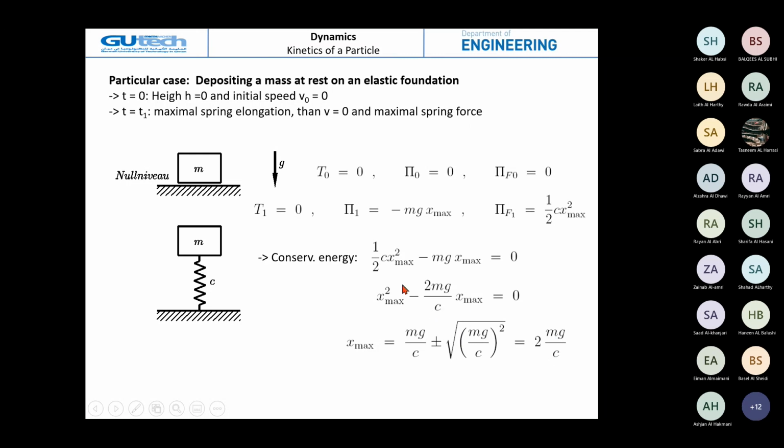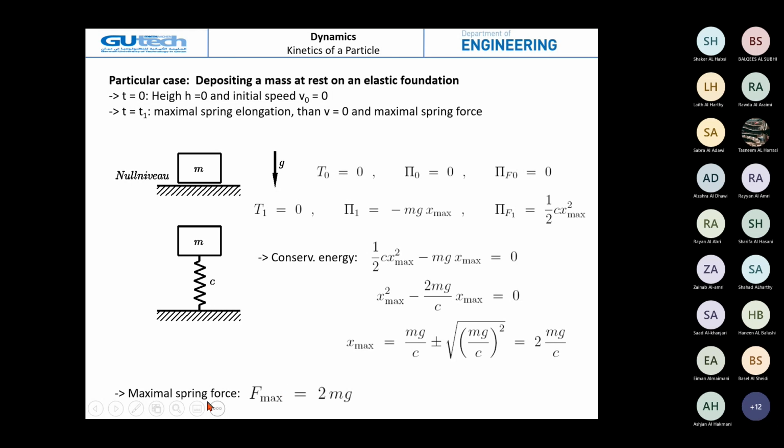As you can see here, if we take x max out of the integral, we see that x max is either equal to 0, which corresponds to the initial state, that means the unstretched spring, or it will be equal to 2 times mg divided by c, where c is the spring coefficient.